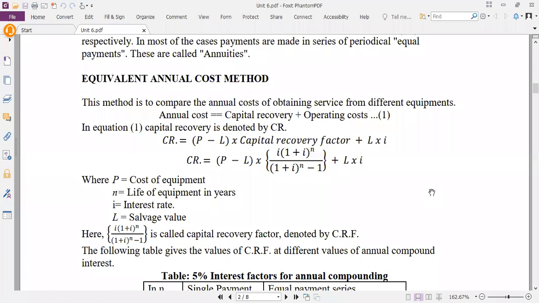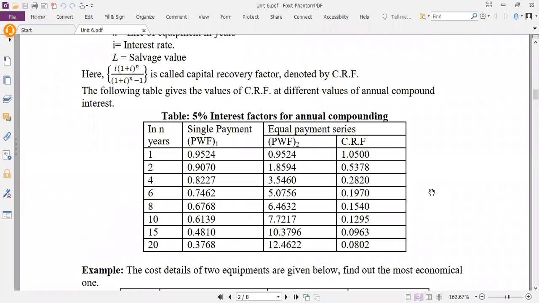The following table gives the CRF at different values of the annual cost period, along with the single payment PWF and the equal payment series PWF.